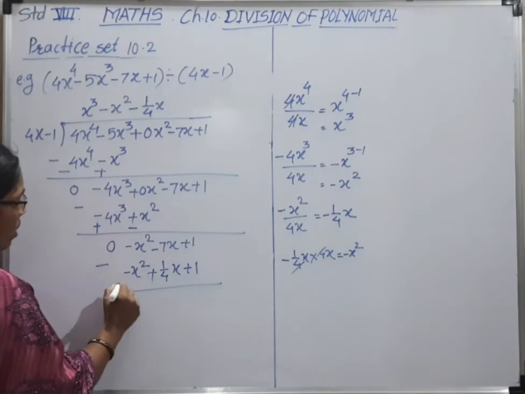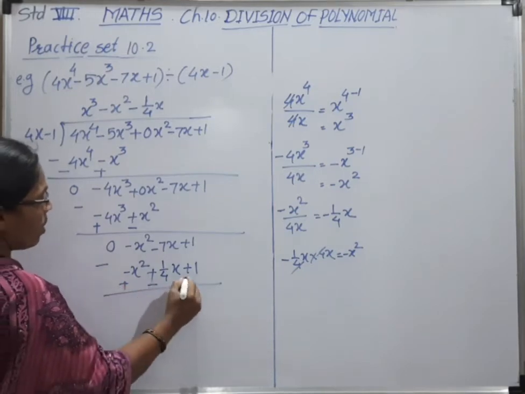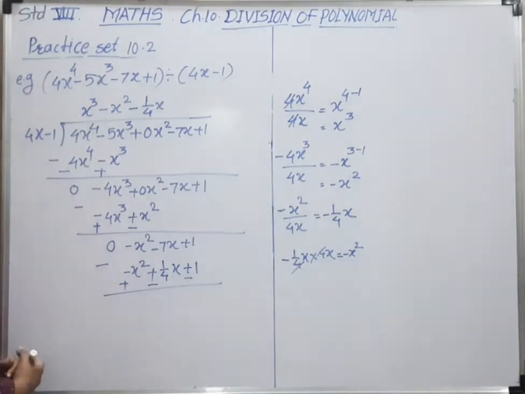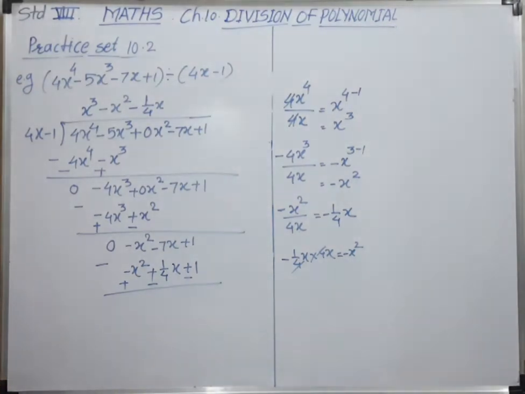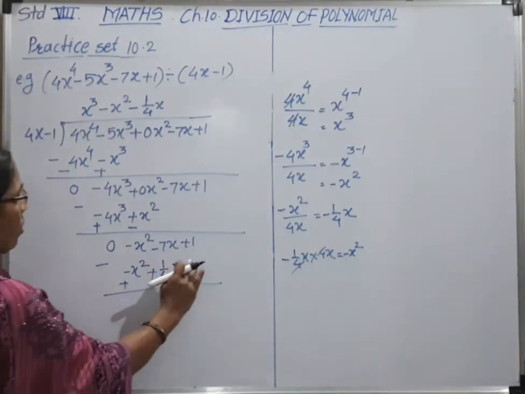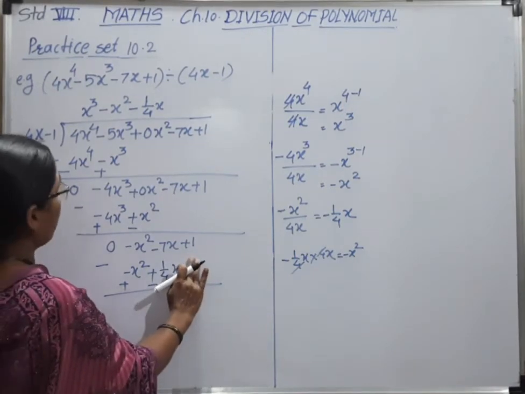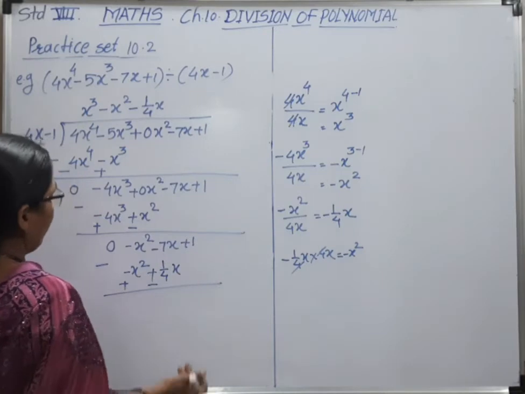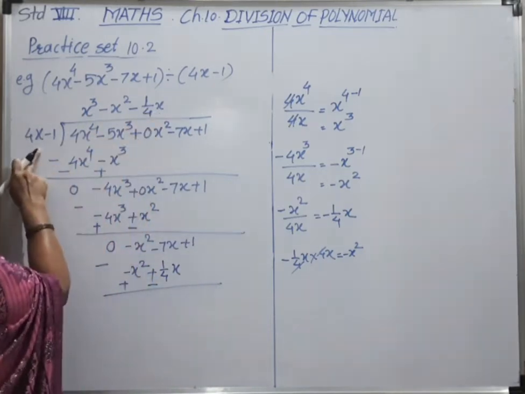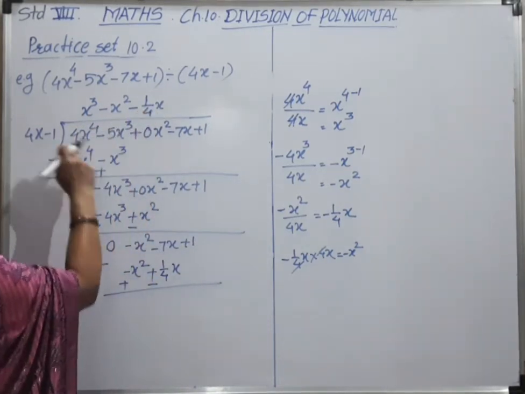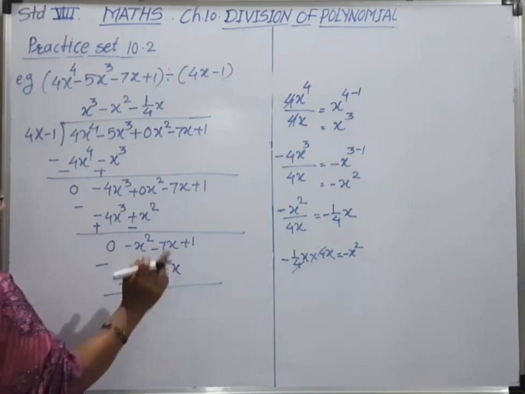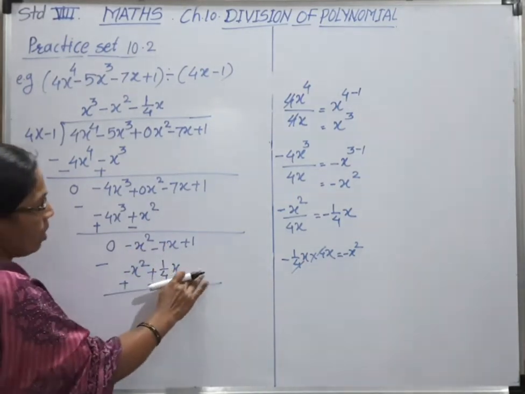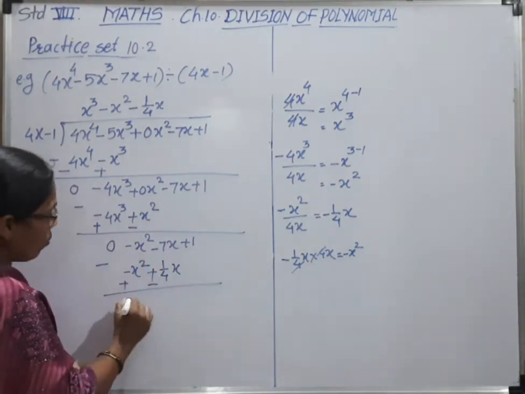So this is minus, here plus, here minus, here minus. Sorry, it will not come here. This will cancel, this into 1 is 1 upon 4x. Now here is nothing, so this will cancel, 0.